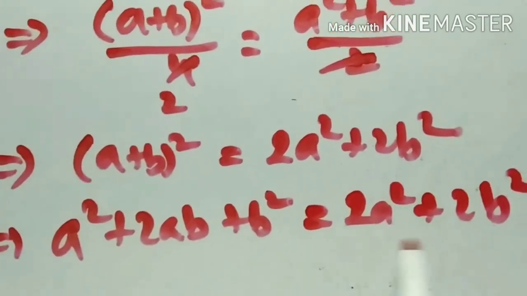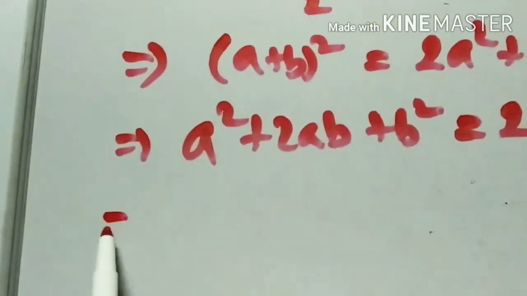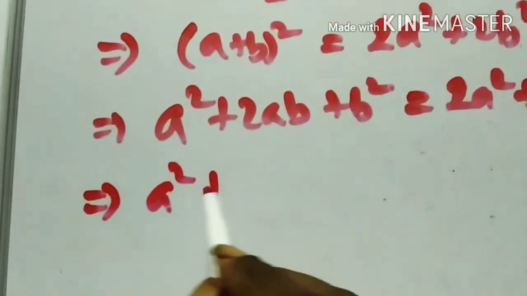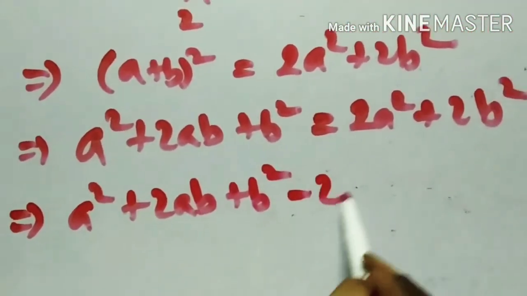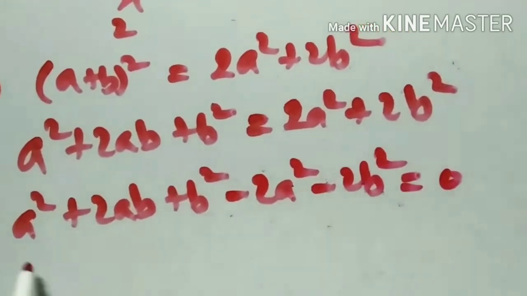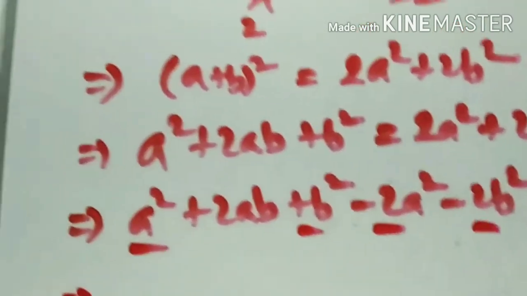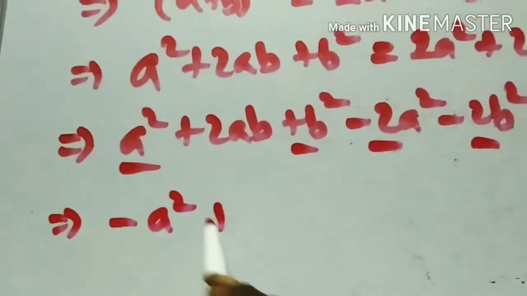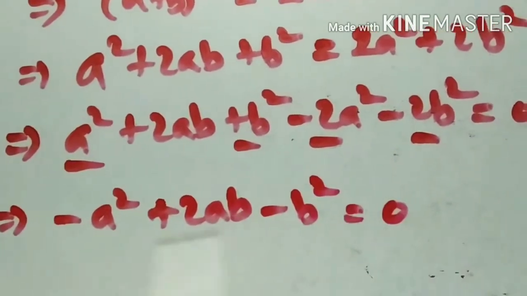Now I'm going to bring these two terms to the left side. So a square plus 2ab plus b square minus 2a square minus 2b square equal to 0. So here, minus a square plus 2ab minus b square equal to 0.